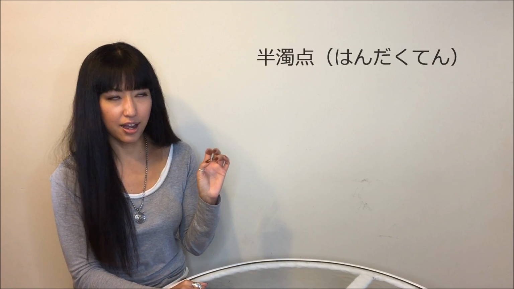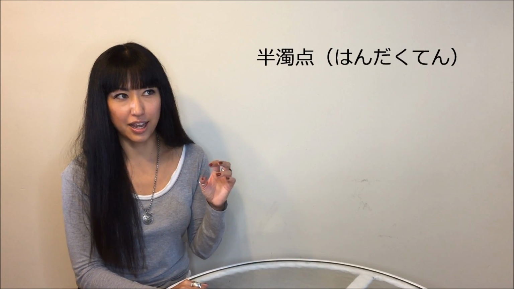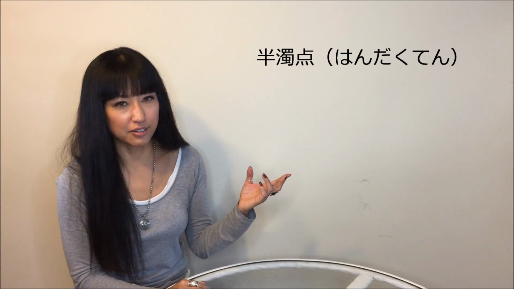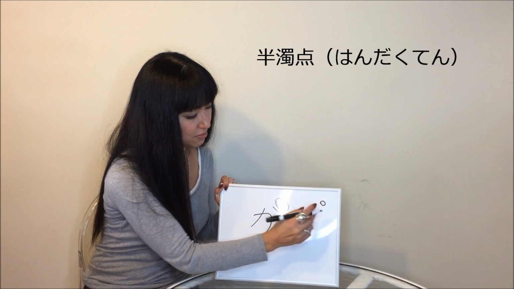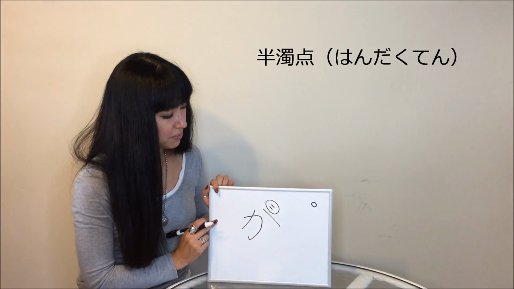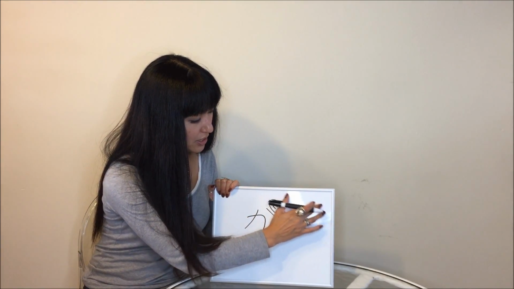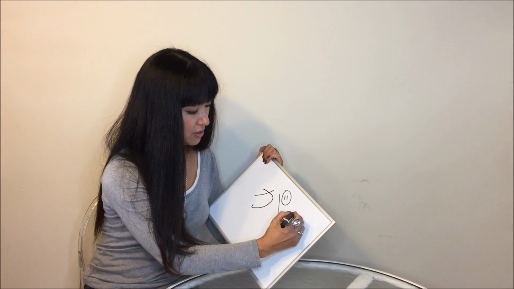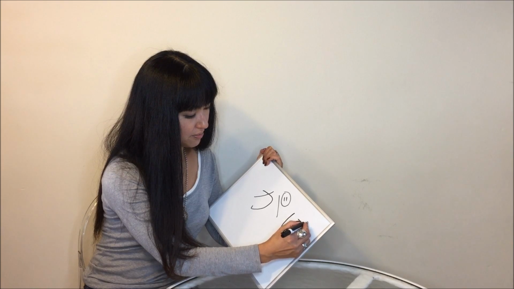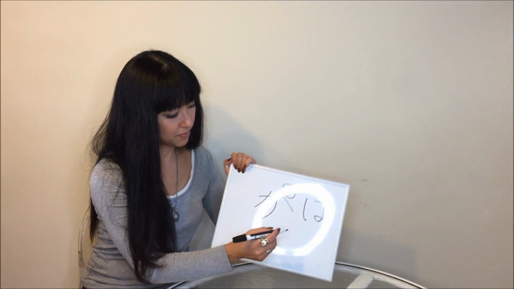Okay, I have one more symbol to give you. It's called handakuten, meaning halfway, half dakuten. This round symbol only applies to the H sound, so that you know. So that's ha, right?